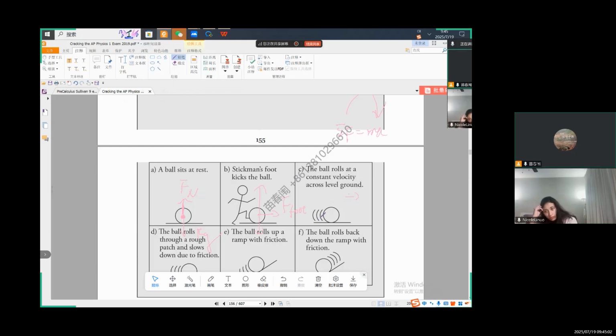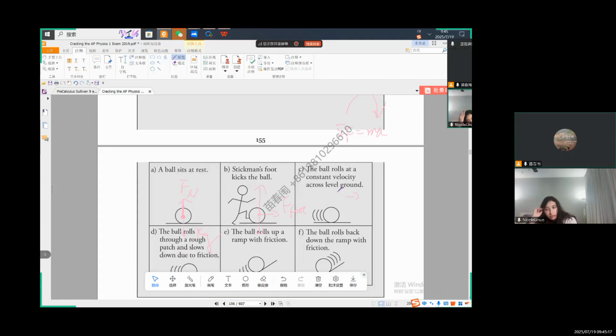So do you think there is friction? How do you know there is friction? Because, but it doesn't mention friction here. Yeah, I think you can really have friction. If you have friction, how can you make constant velocity?